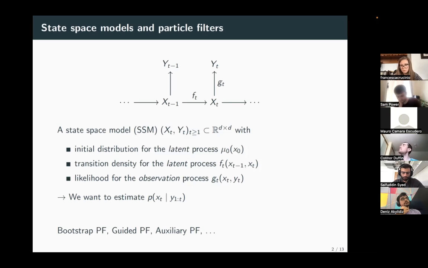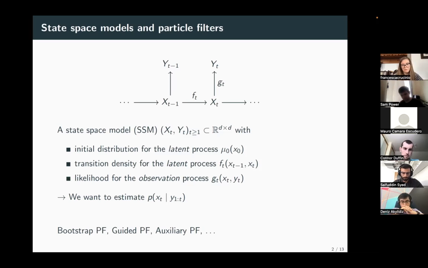And if we have the smoothing distribution, you can do parameter estimation. So let's say that these f and g depend on some theta, which is unknown. If you can get the smoothing distribution, you can estimate the theta. So in a way, developing an algorithm doing filtering can be seen as the building block of all these other algorithms that you might want to build afterwards.